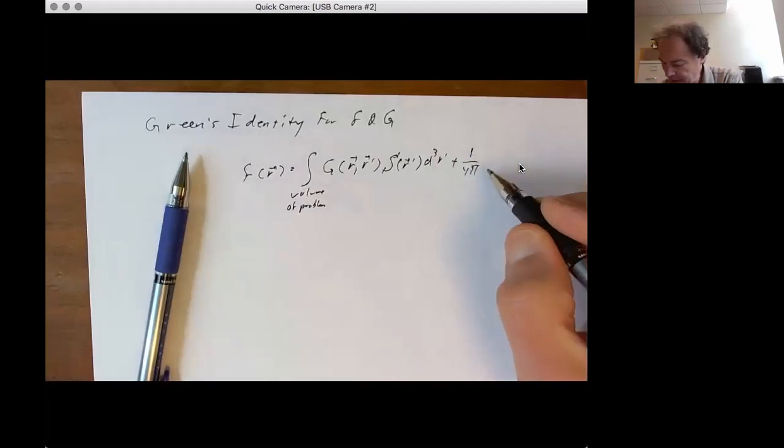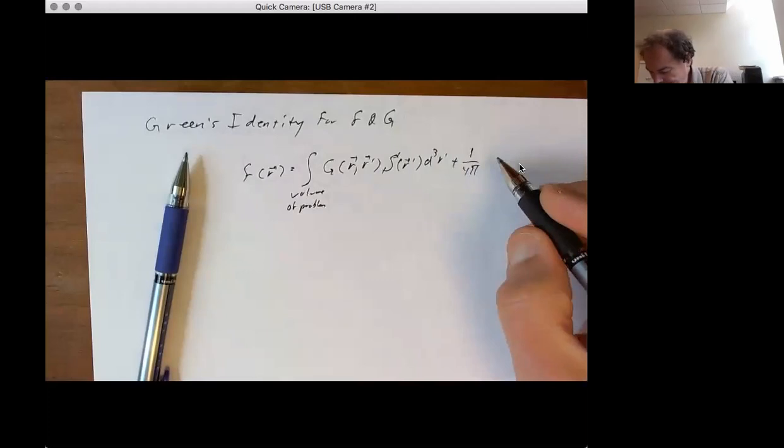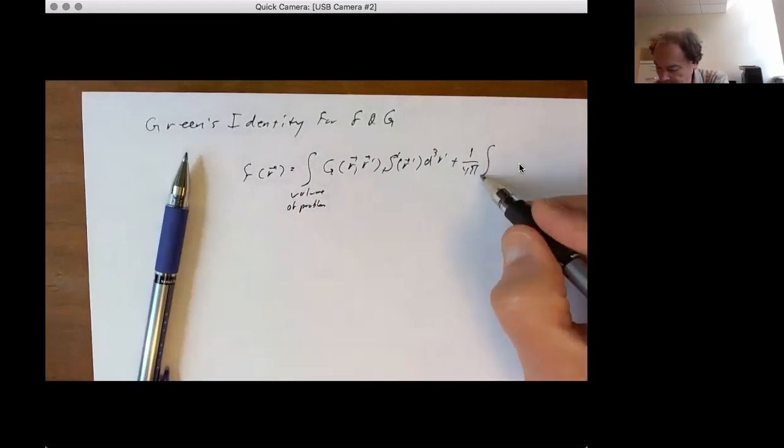This is the convolution part. This is the surface term.